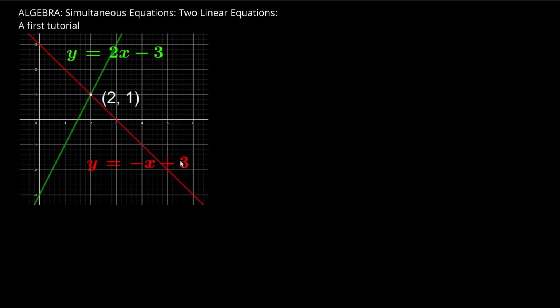By treating these two equations as simultaneous equations and working out their solution and prove that they meet at this (2, 1). Okay, first I'm going to write the two equations down. Now, if we are to solve these two simultaneous equations and find out by algebra where these two lines meet, it's clear even from the diagram that where they meet, they share the same value of y.